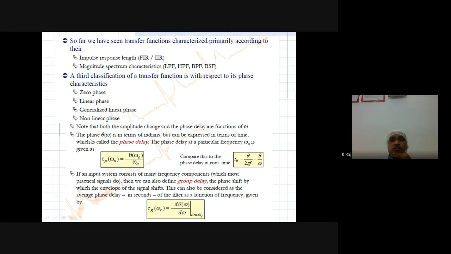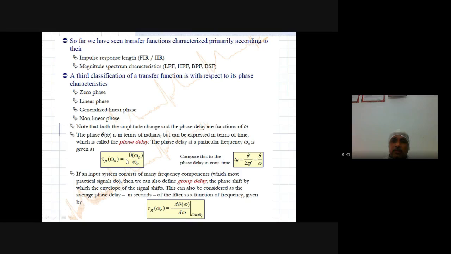The phase response theta omega is in radians, but can be expressed in terms of time. We discussed in the previous class the phase delay, and how it is derived from the phase response or the phase plot.